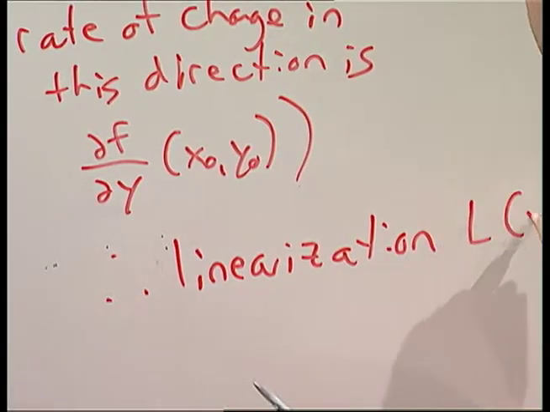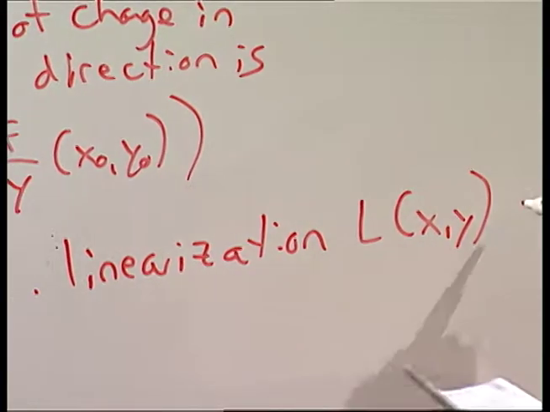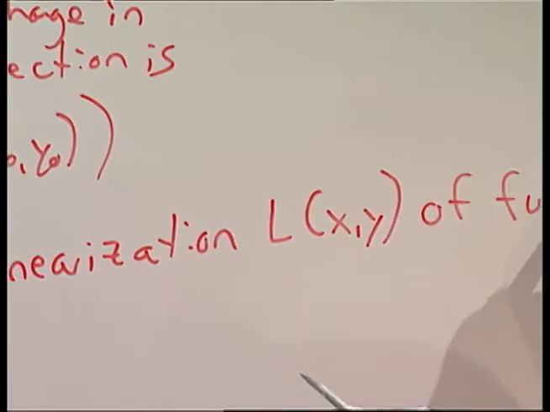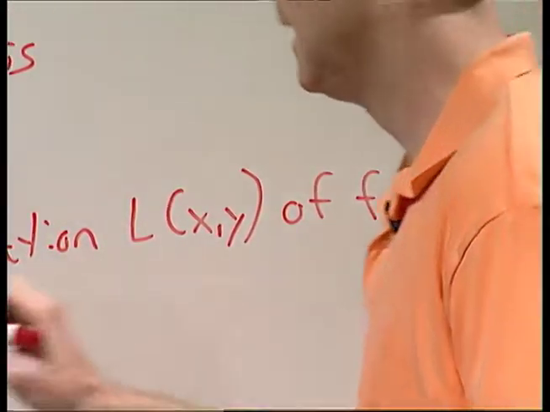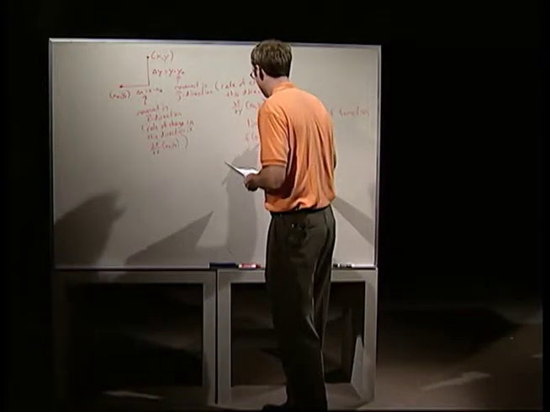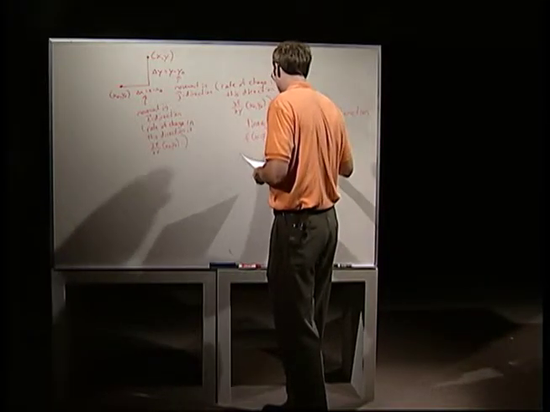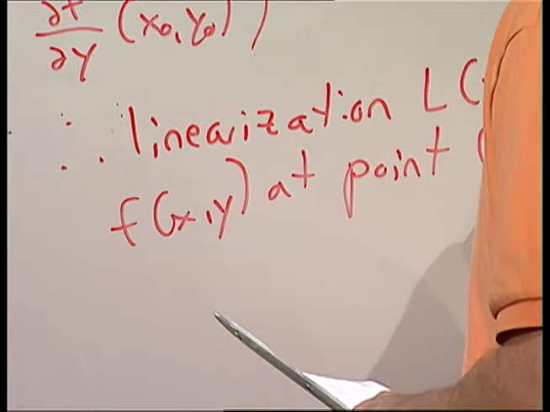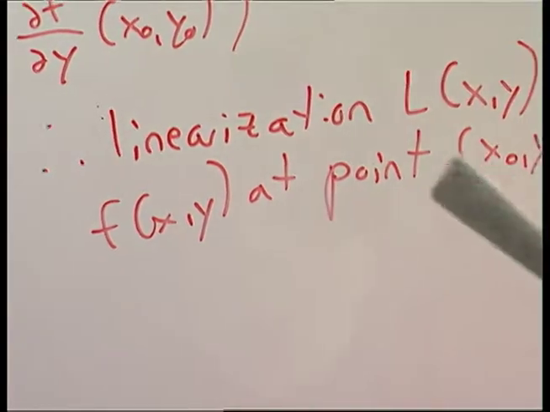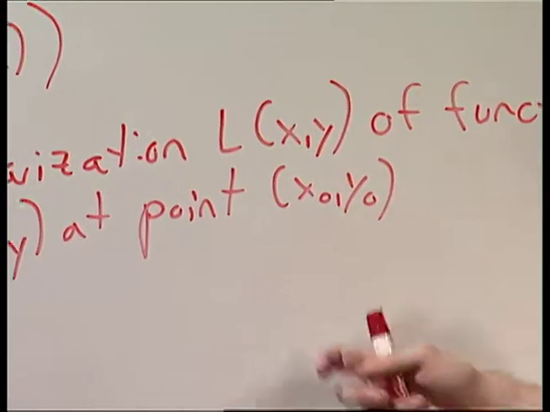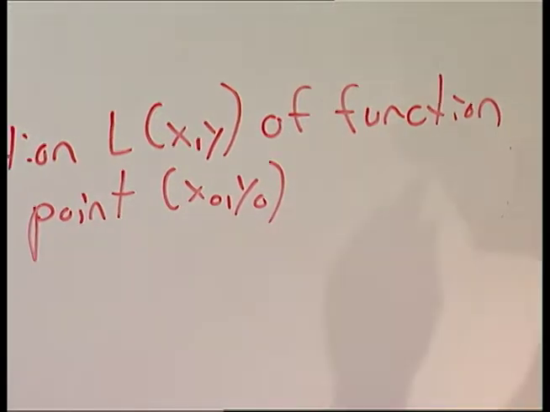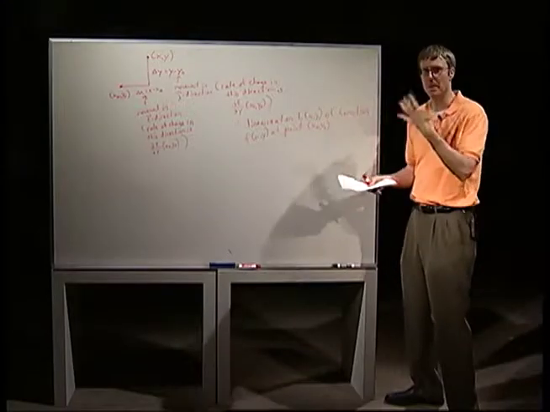The linearization L of x, y of the function f of x, y at a point x naught, y naught, that's a mouthful. So we're now linearizing, developing a linear approximation here.